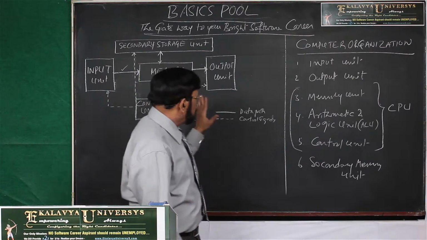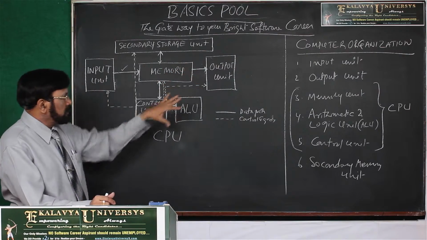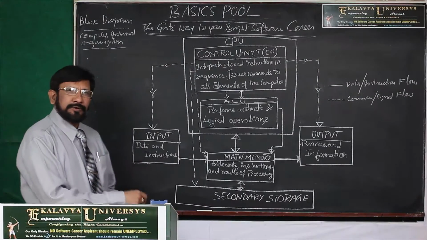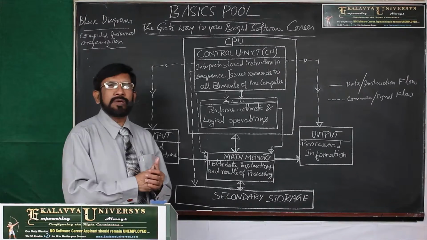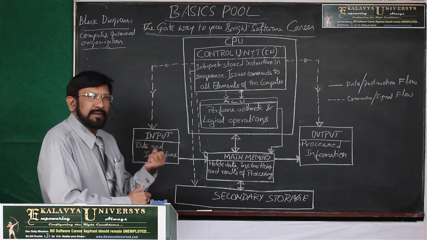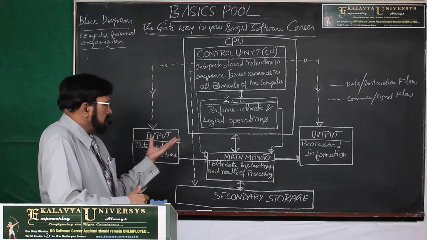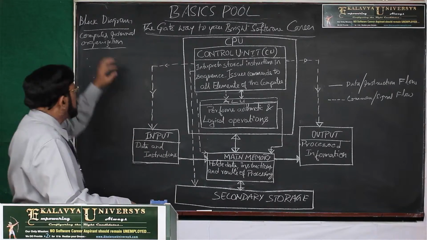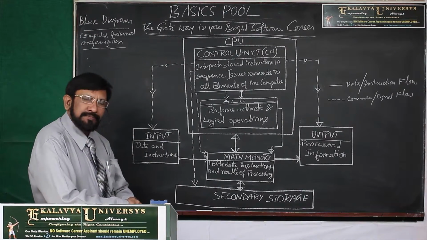Of course, it is the same model, but I show different placements. In order to give you complete and concrete knowledge about computer organization, I am explaining the block diagram.